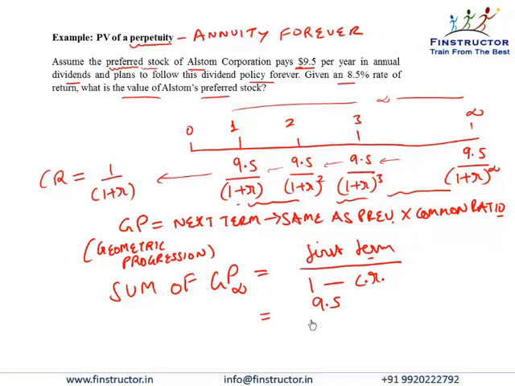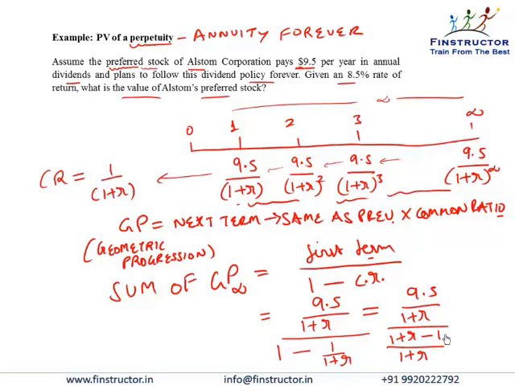It is 9.5 upon 1 plus r, and we just analyzed the common ratio as 1 upon 1 plus r. So the sum of this GP would be first term upon 1 minus the common ratio. This can be written as 9.5 upon (1 plus r), upon (1 plus r minus 1) upon (1 plus r). This 1 will get cancelled. The 1 plus r will get cancelled from both denominators, and see what will be left is 9.5 upon r.